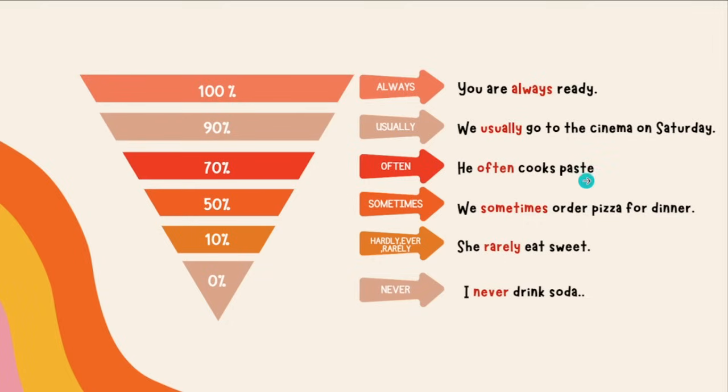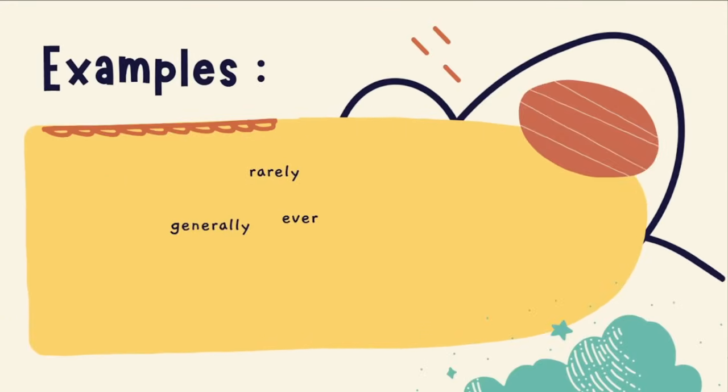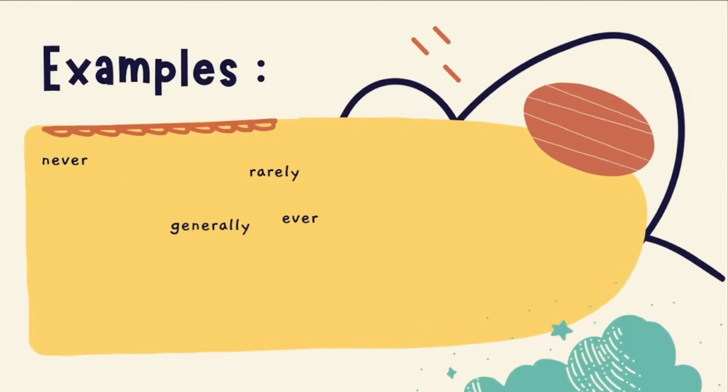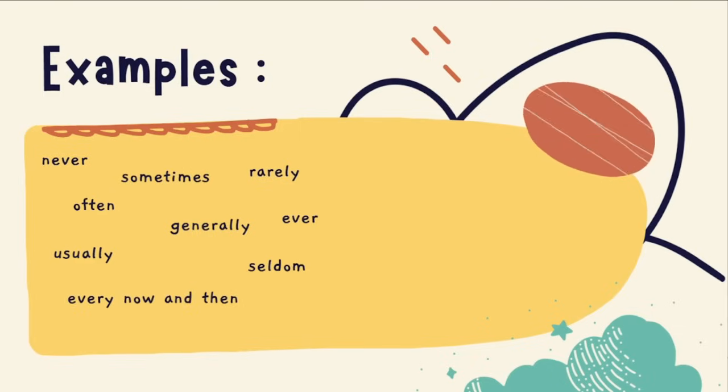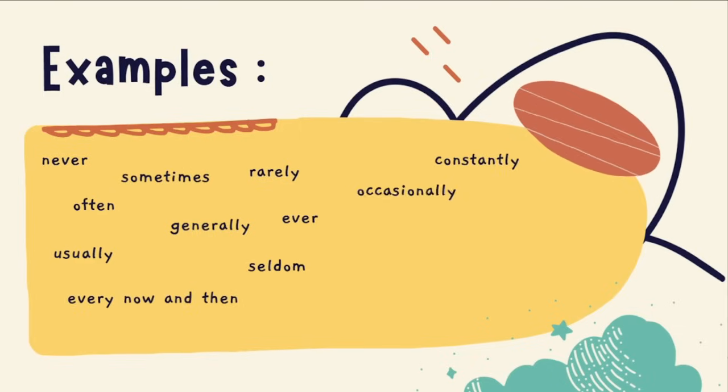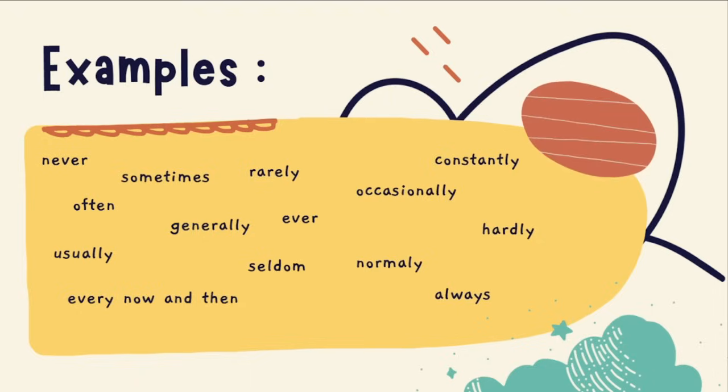So let's see the examples so you can understand more. So here are the words for other examples of the frequency. We also use the word never, sometimes, often, usually.